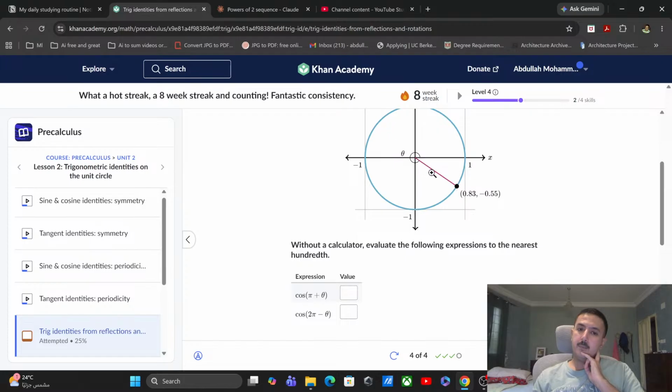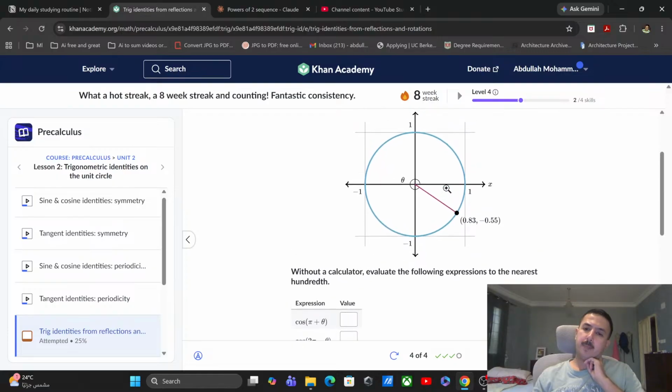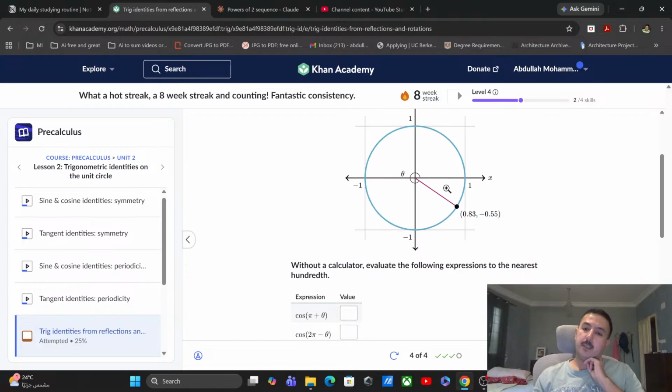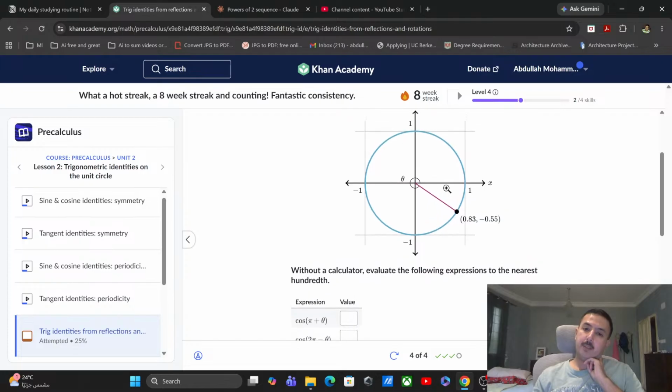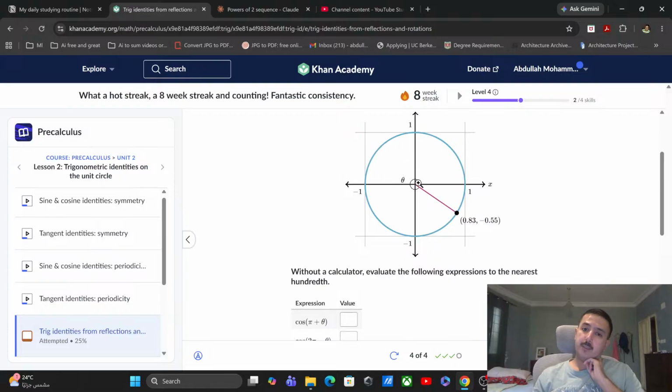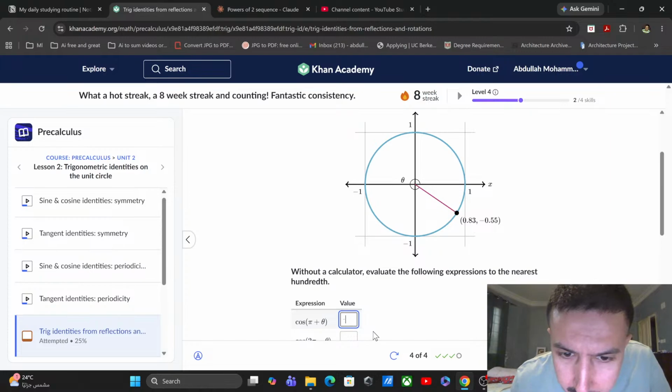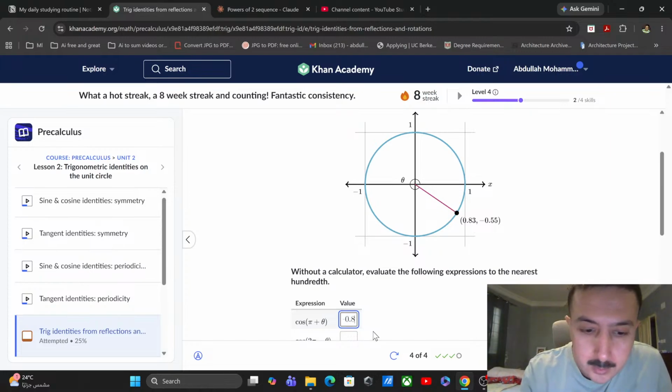It's going to be here. Exactly the opposite. Cosine is the x, and here the x is negative. So it's going to be minus 0.83.